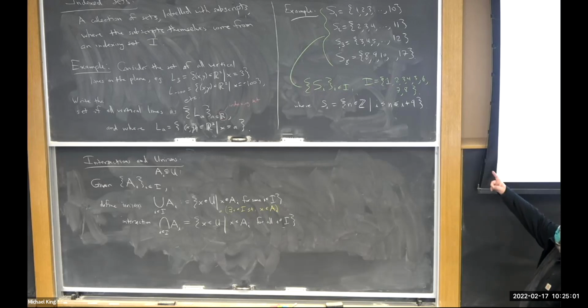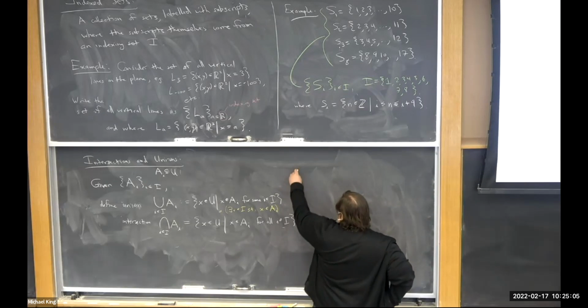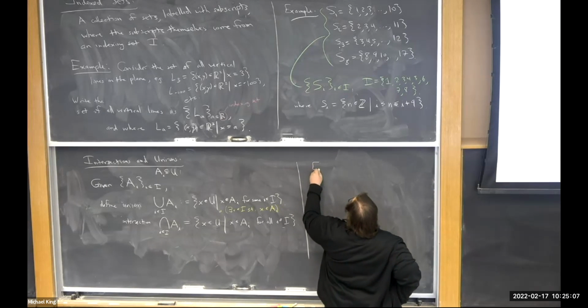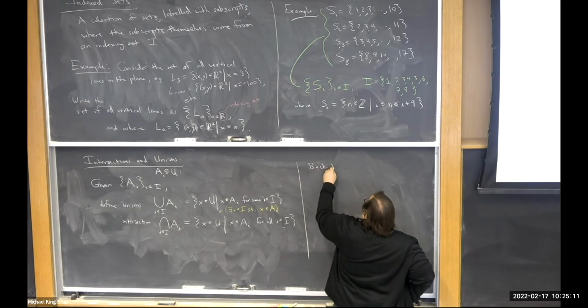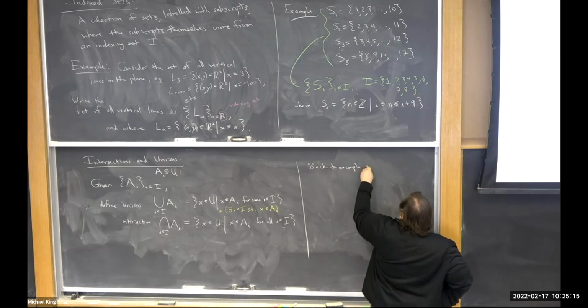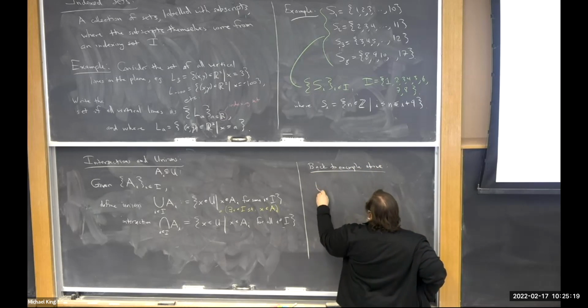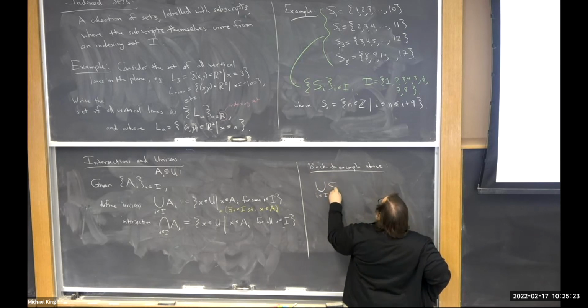So if we go back to this example, we could look at the union and intersection, right? Back to the example above. What is the union over i in I of S sub i?